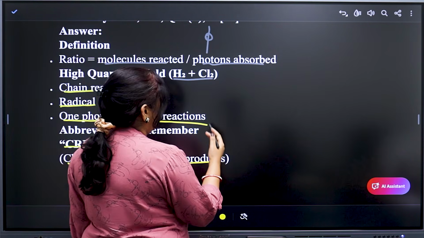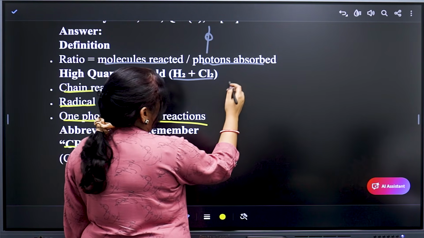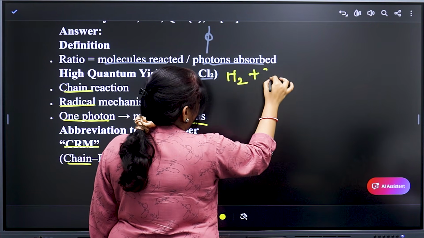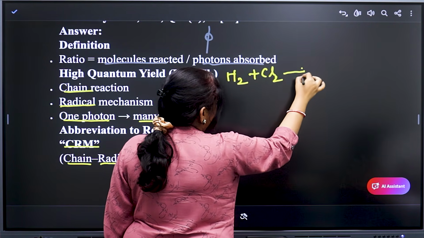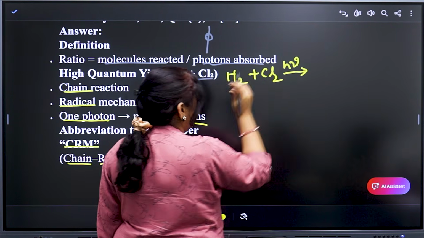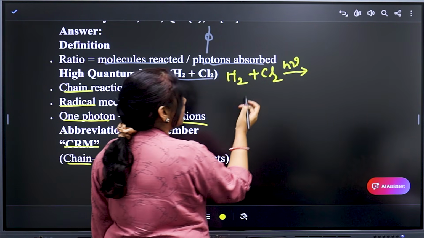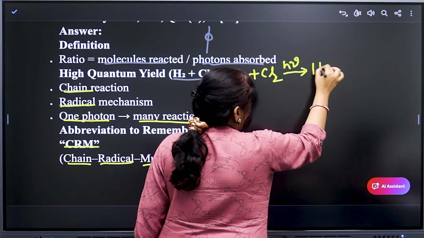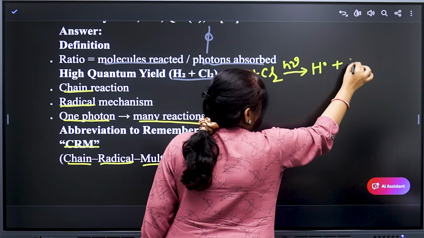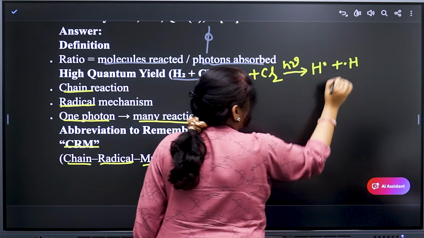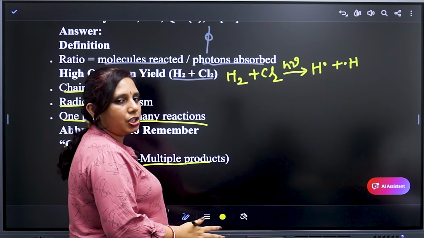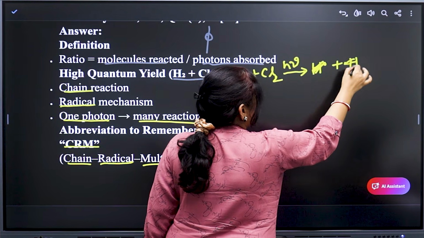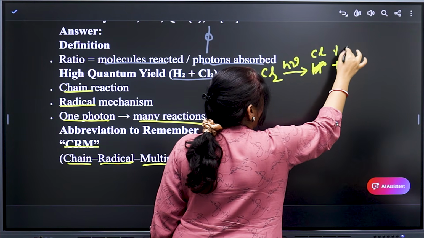For easy understanding, we can write this reaction like this. First is H2 and Cl2 when they are irradiated, in the presence of light. What happens here is that one of the molecules, the chlorine molecule, undergoes homolytic fission and chlorine radicals are formed first.